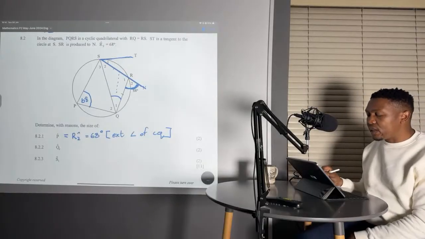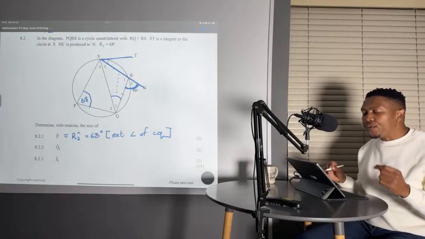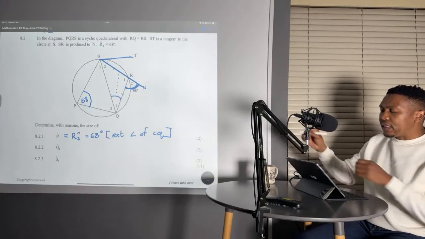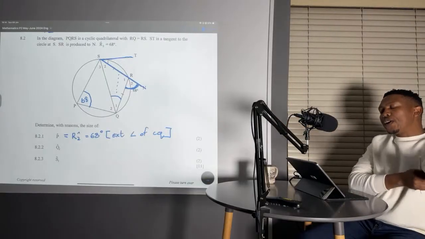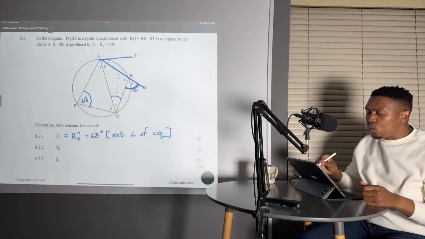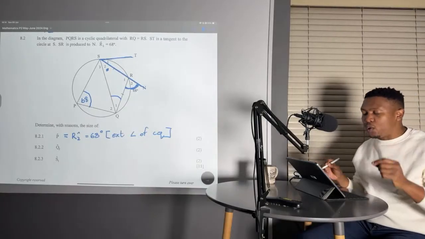And then they say to us we must work out what angle Q1 is. Now, if you remember what I had already said in that case, if you note there, first of all, I note that angle R2 is an exterior angle to triangle SRQ.